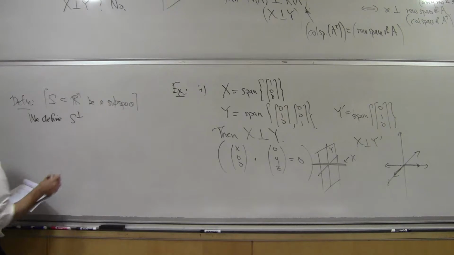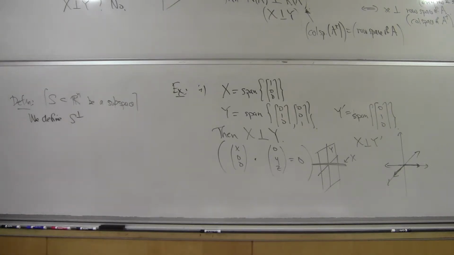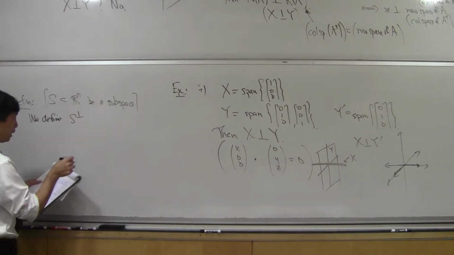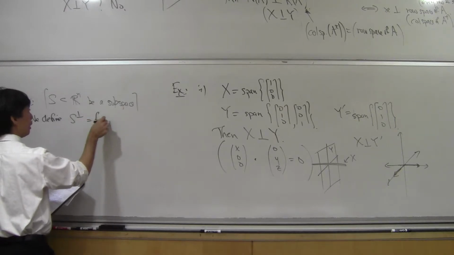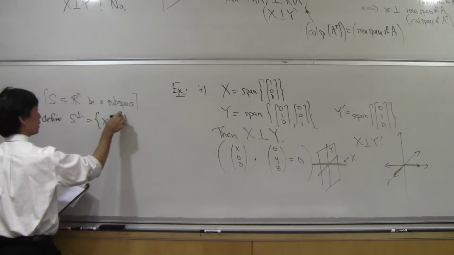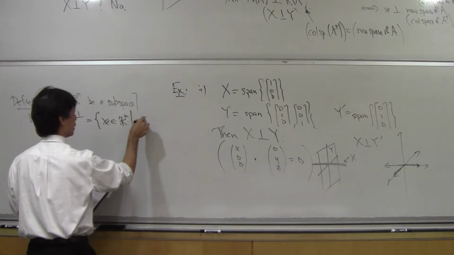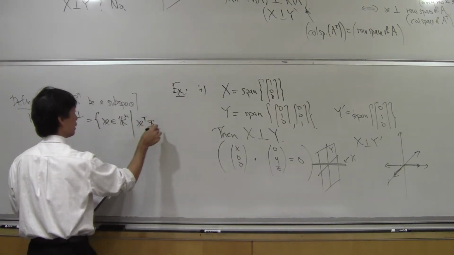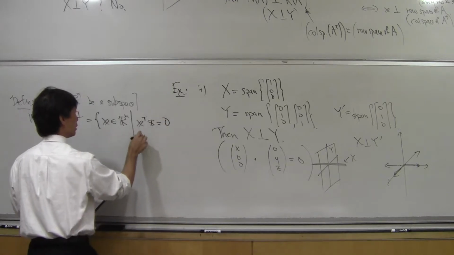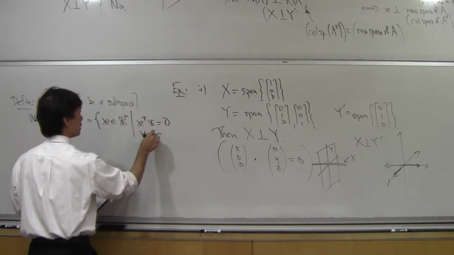We define S perp as all the vectors in Rn such that those vectors are perpendicular to s for all s in S.